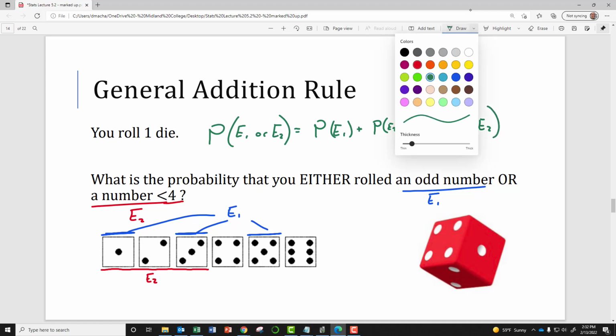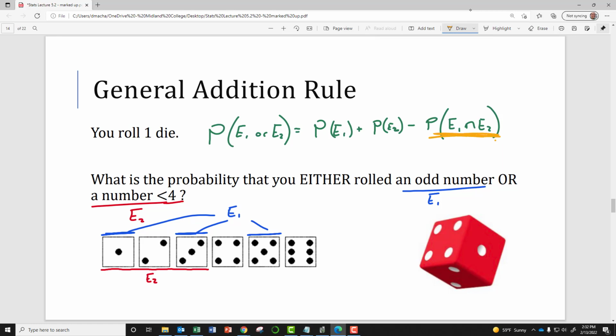So in our case, that intersection is going to be what? Well, 3 is both less than 4 and odd, and 1 is both less than 4 and odd. So my intersection is at least 2 of the outcomes.